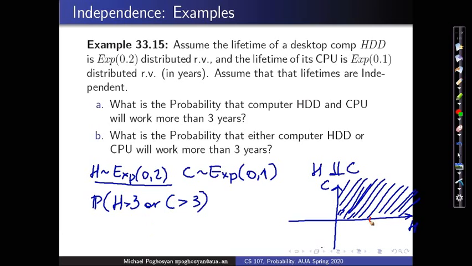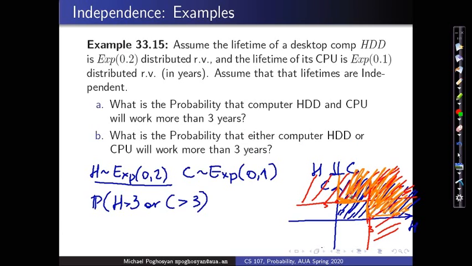H is larger than 3 is this region, or C is larger than 3. This is 3, C is larger than 3 means this region. And we need to intersect with our support. So this will be the requested part.